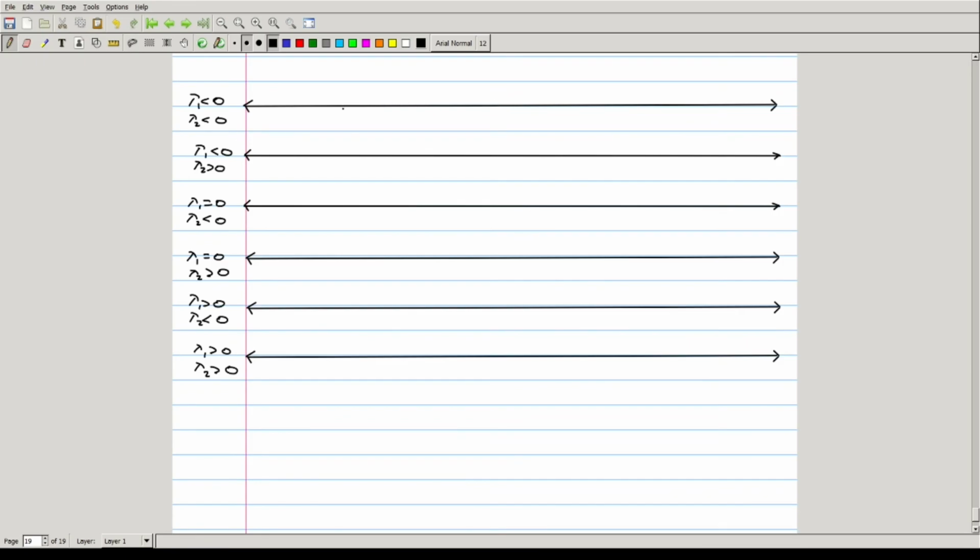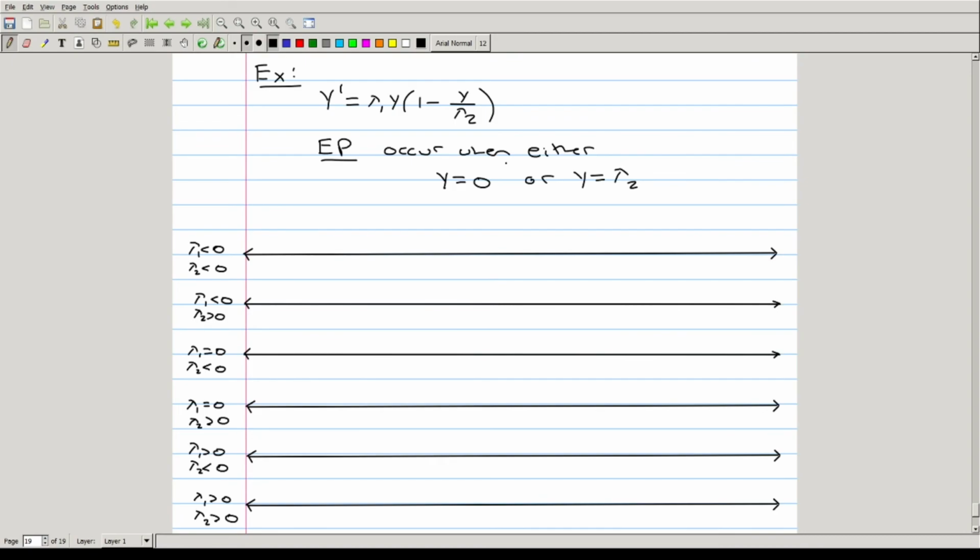So in any case, we're always going to have that y equals 0 is a critical value. Then when lambda 2 is negative, that means that y equals lambda 2 is a critical point. When lambda 2 is positive, that means that y equals lambda 2 is a critical value.